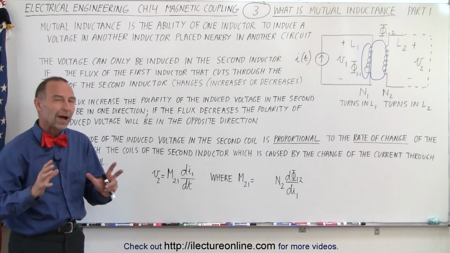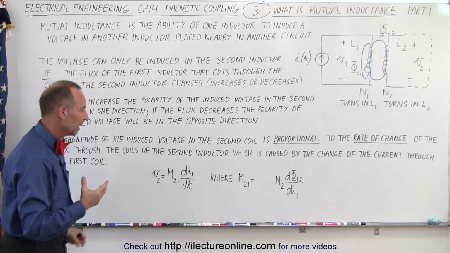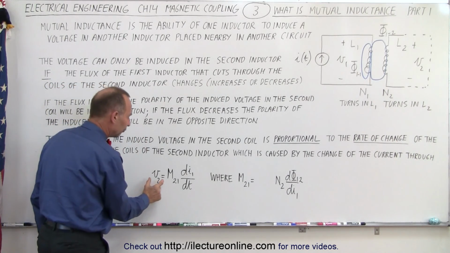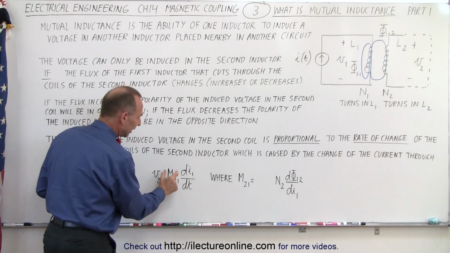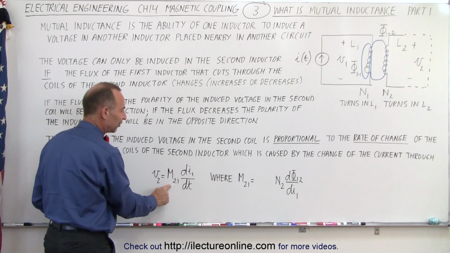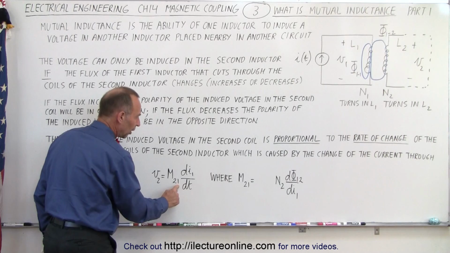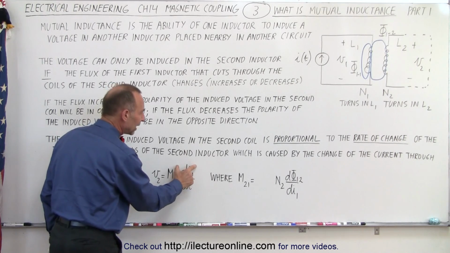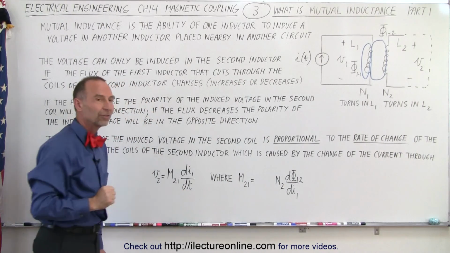So how do we describe that induced voltage in the second coil mathematically? The magnitude of voltage in the second coil is equal to the mutual inductance between the two coils, or the mutual inductance on coil 2 caused by coil 1, times the rate of change of the current in the first circuit with respect to time.